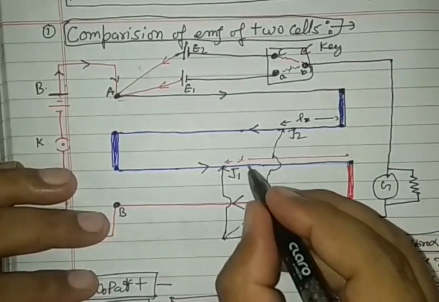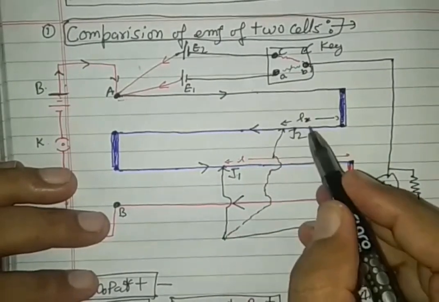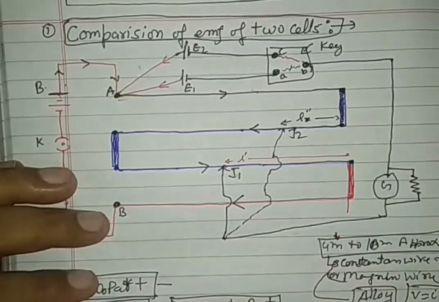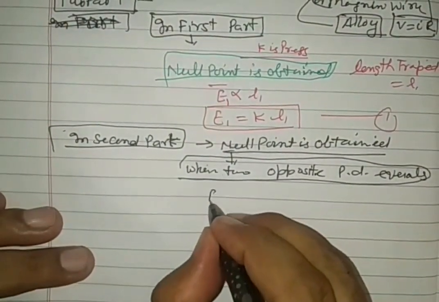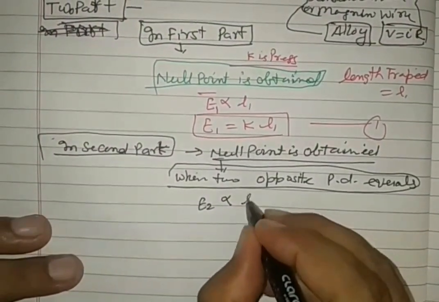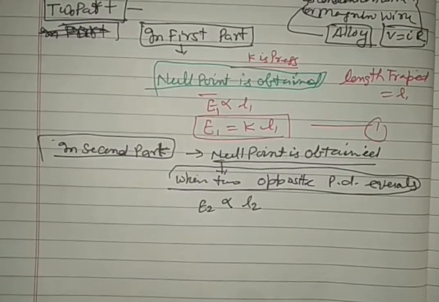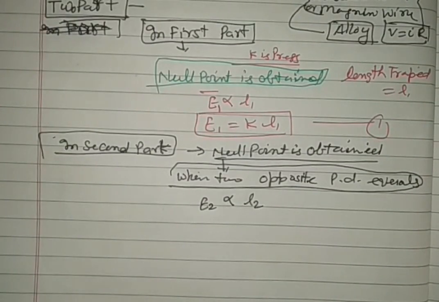So the EMF of the second cell is directly proportional to the length trapped L2, the complete wire with the partial wire, in this case the second wire.